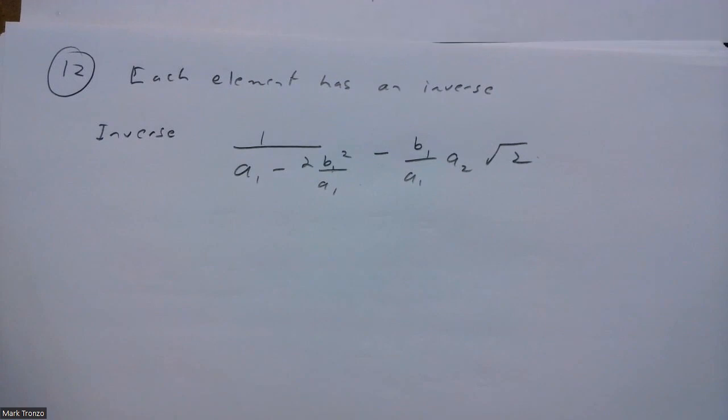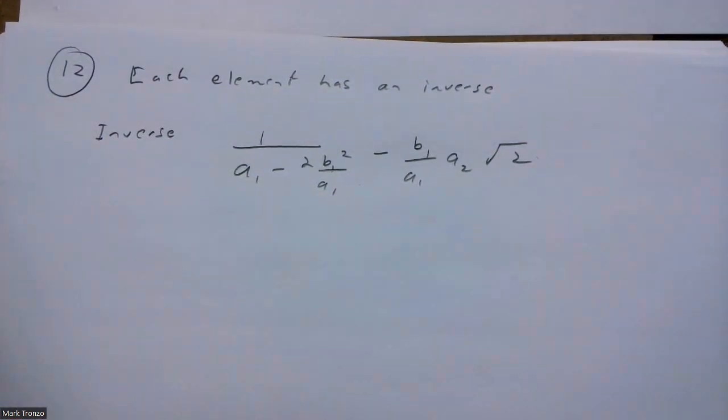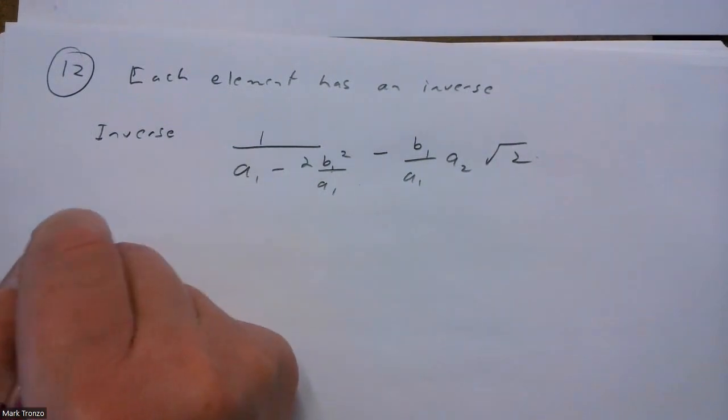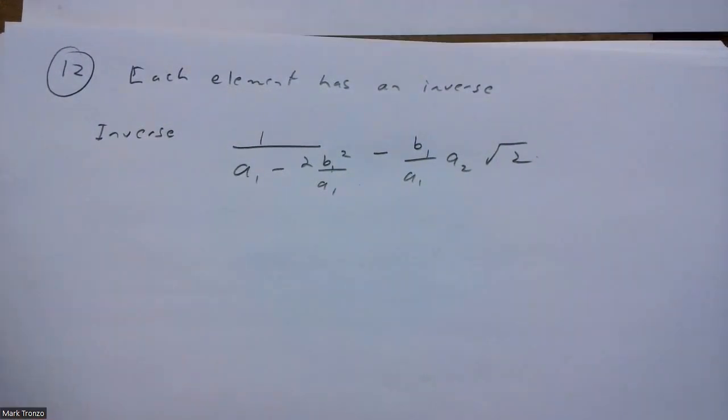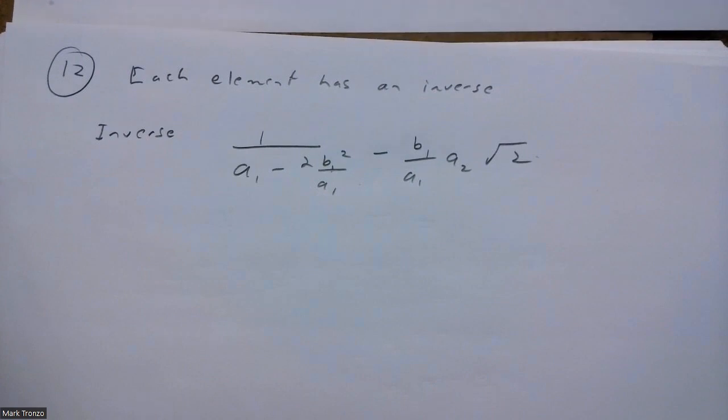So that's the inverse. And if we took another element times the inverse of that element, again, we're out of time. I think it's going to be in the set, crazy as it looks.